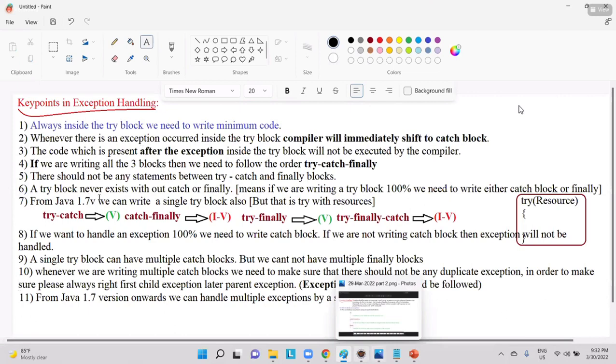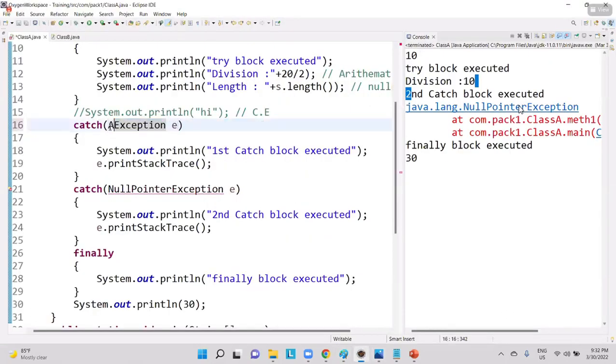How? Just let me try to write arithmetic exception like this.